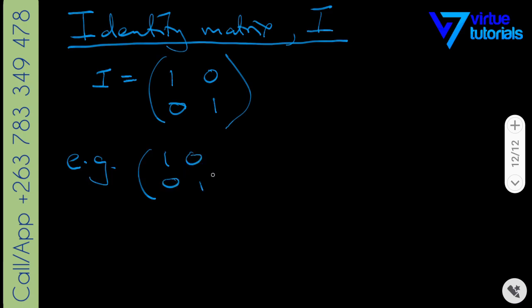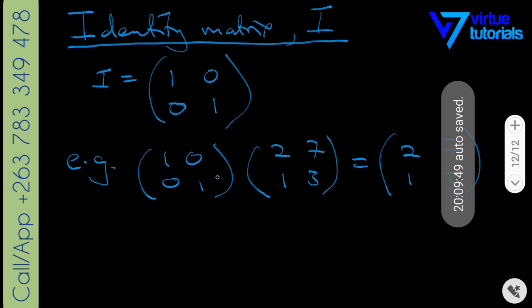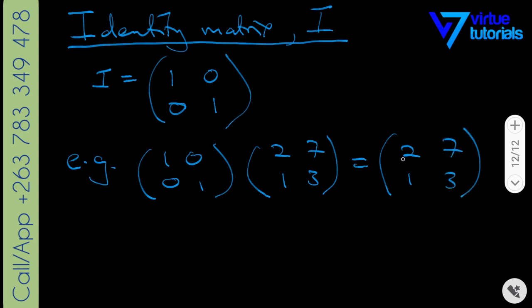If I take our identity matrix and multiply it by another matrix 2, 7, 1, 3, the result is the same, 2, 7, 1, 3. So if any matrix is multiplied by an identity matrix, nothing changes. You just get the same thing. 2, 7, 1, 3 just becomes 2, 7, 1, 3. So that's an identity matrix.